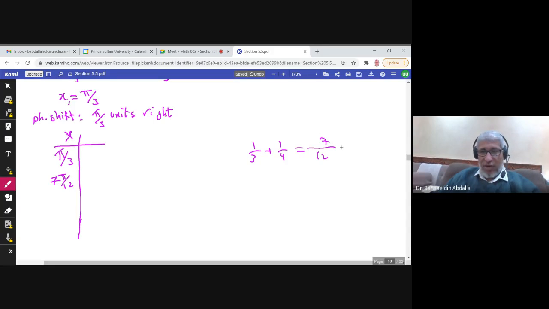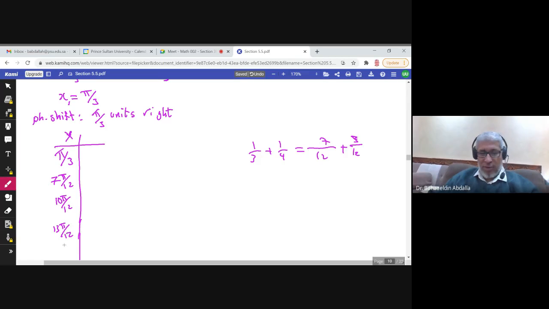We need to add another pi over 4, or you can say 3 over 12. So it would be 10 over 12, or if you want to simplify it, 5 over 6. And then you add another 3 over 12, so 13 pi over 12.